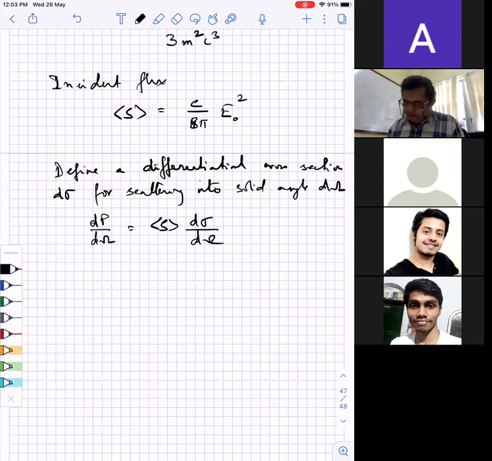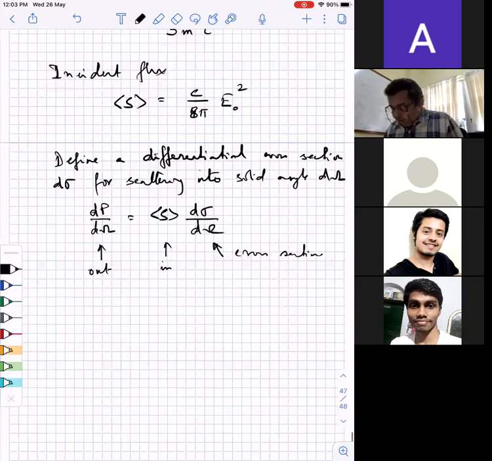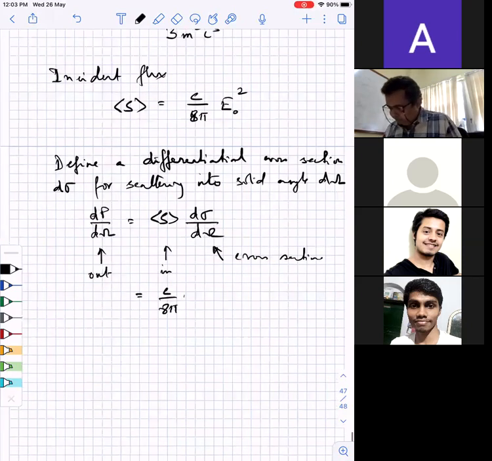So this is out, this is in, and this is the cross section. So dP d omega is c by 8 pi E0 squared times d sigma d omega.